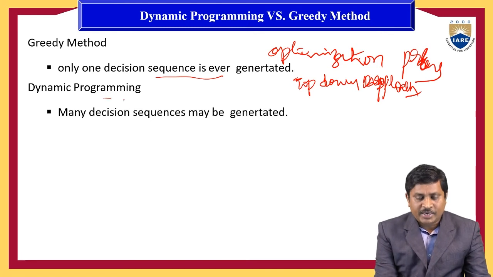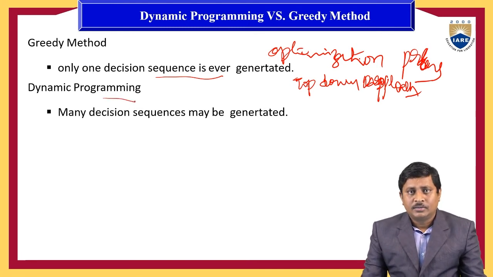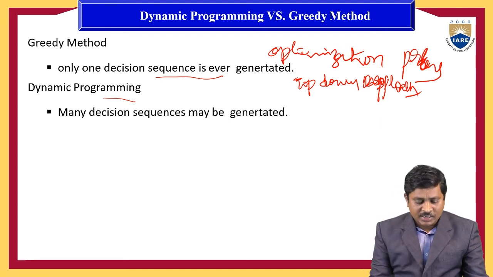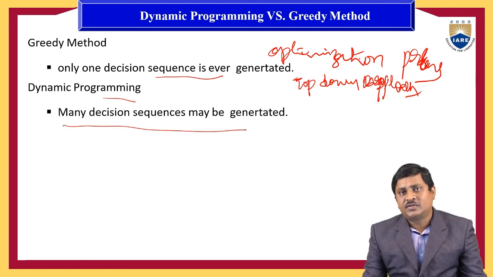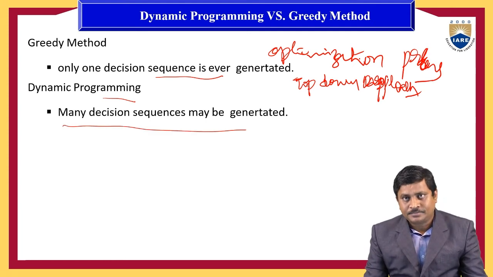Next, we come to dynamic programming. Here we solve problems which have the form of a sequence of decisions. That's why we say many decision sequences may be generated.